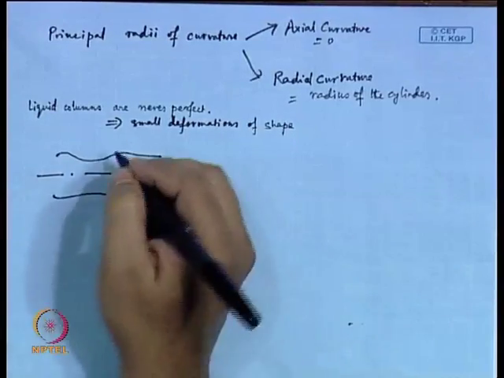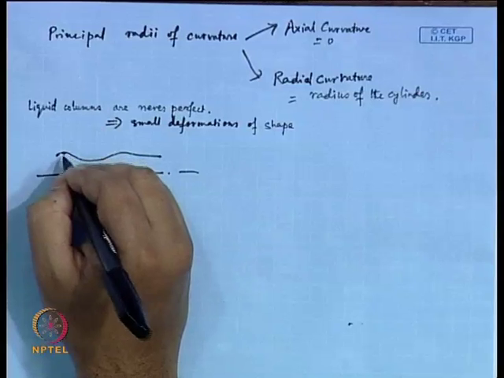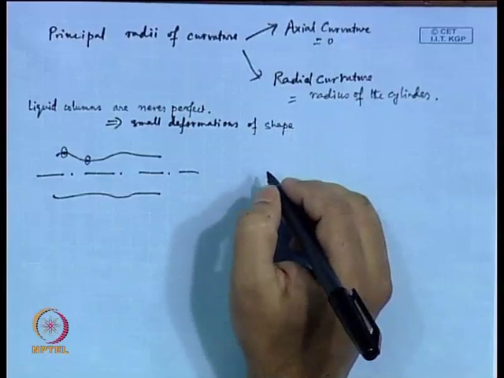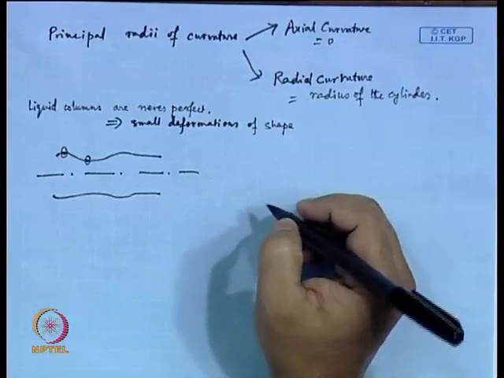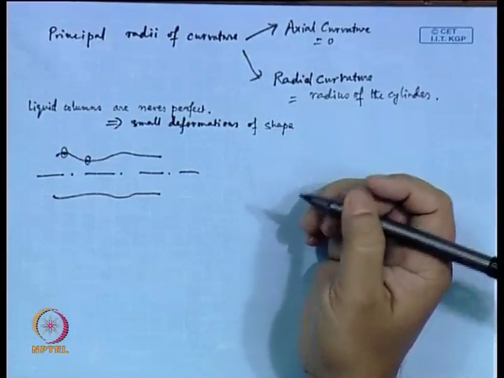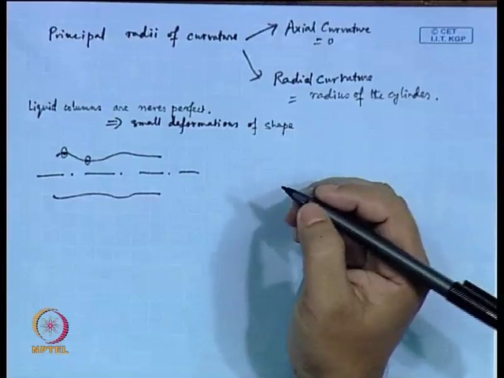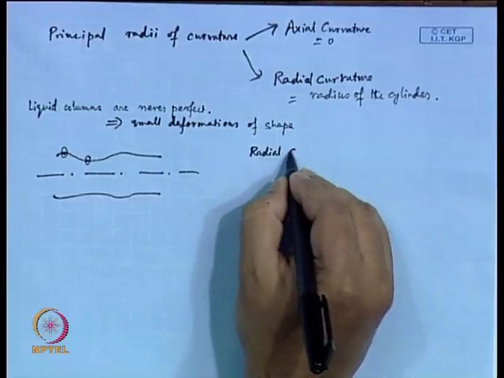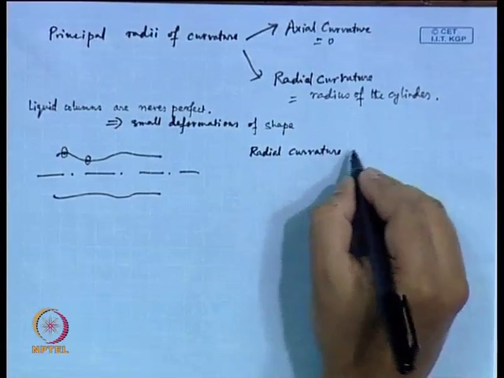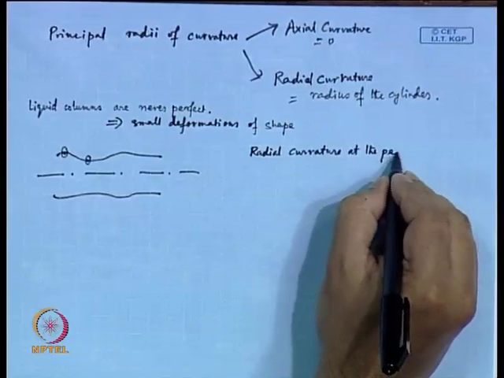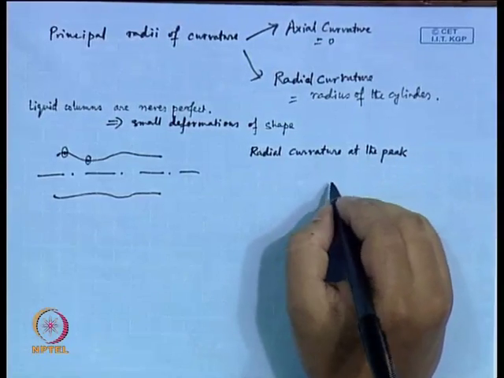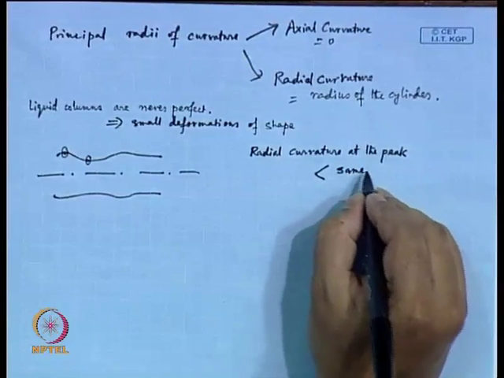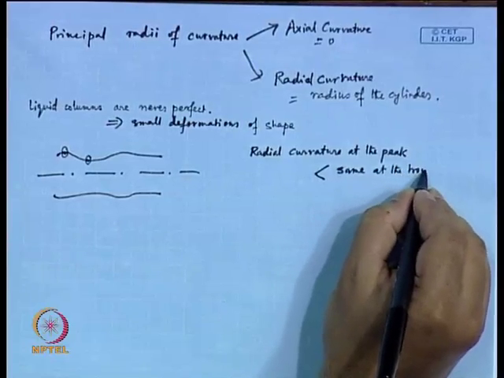So, in that case, if this is called a peak and this is called a trough, you will find that in this modulation the radial curvature at the peak is smaller than the same at the trough.